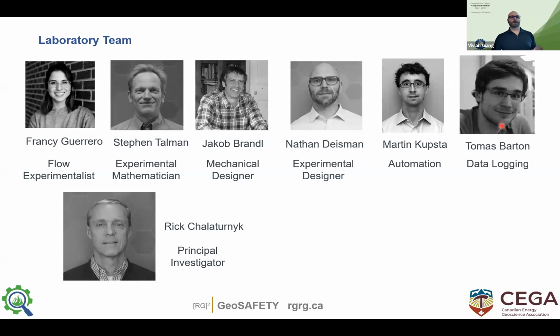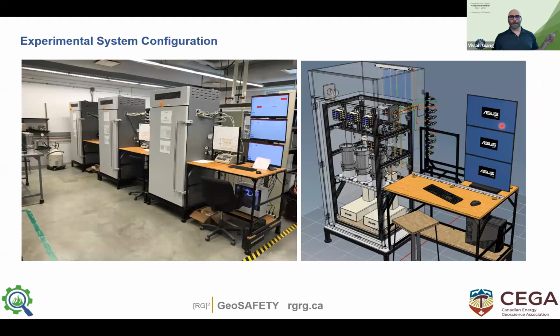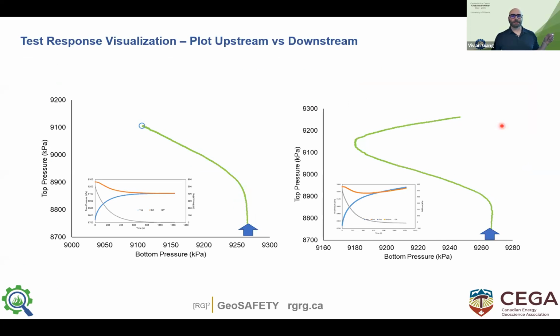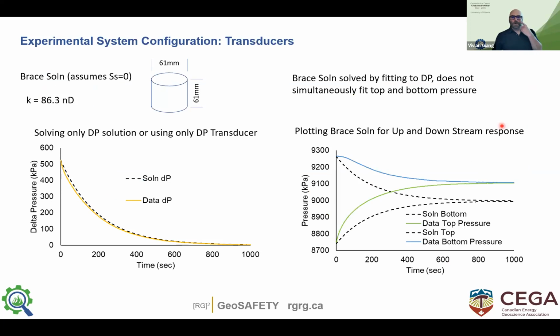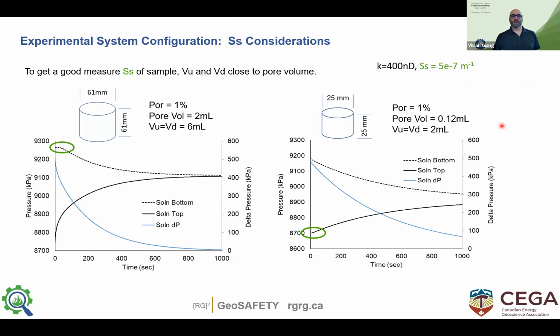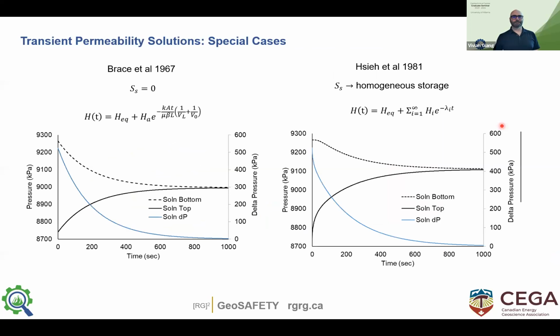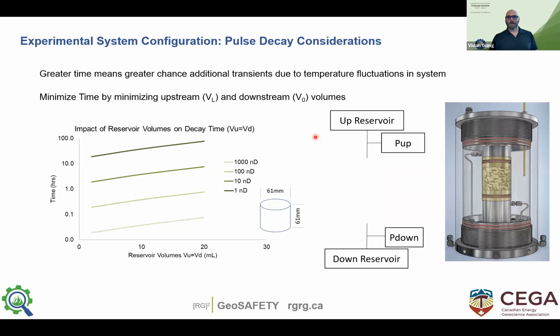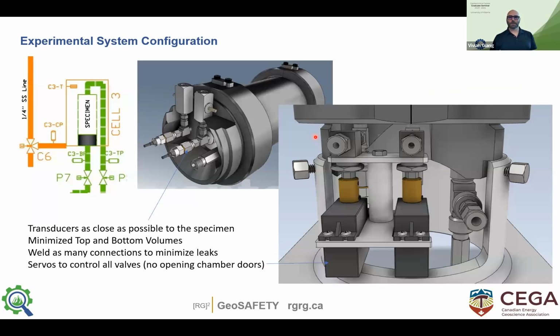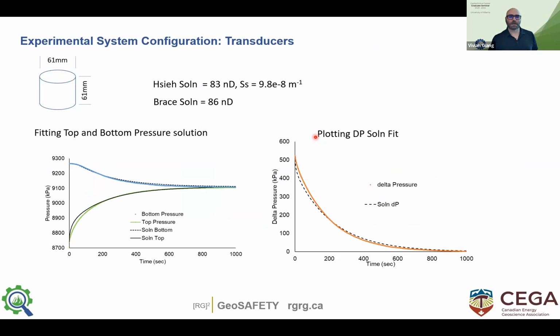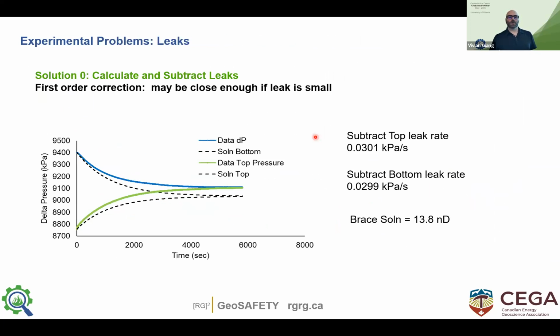I just want to circle back to one thing, because it's sort of important. We have a good picture, and I forgot to talk about this and add it in explicitly: the storage term. It shows up in the test when you do a really good job and fit your data to include a storage term. But when you actually run a test, it's the storage term of the sample.